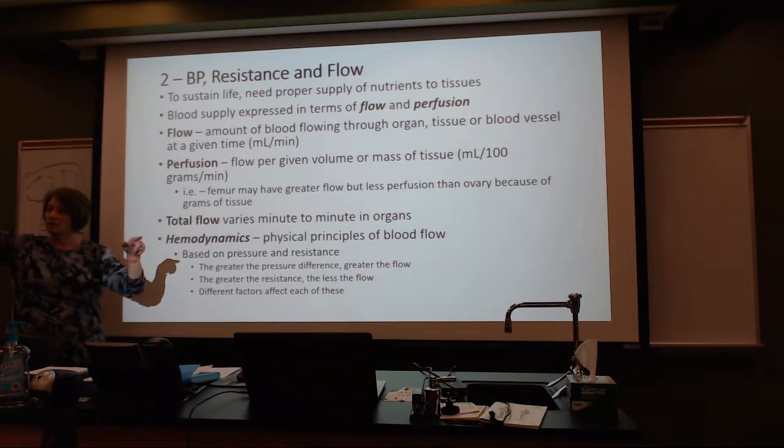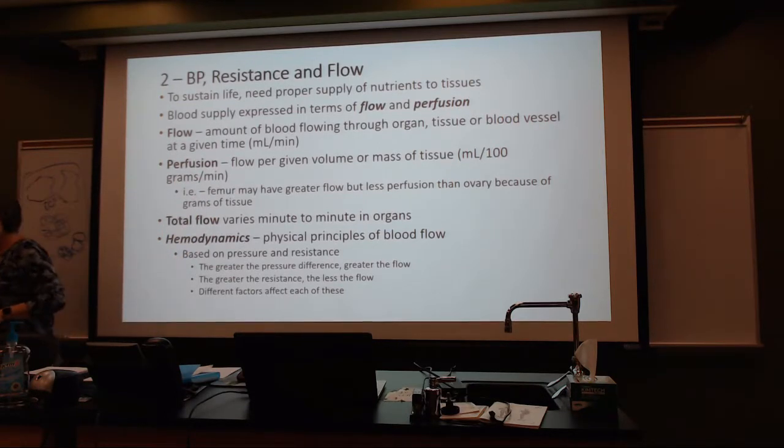My ovary may not have the flow, but per 100 grams, think about an ovary, which weighs several grams maybe, the blood flow it does have, the ability of the blood to make its way through that organ is greater. So perfusion is greater in the ovary than it would be for the femur. Does that make sense?